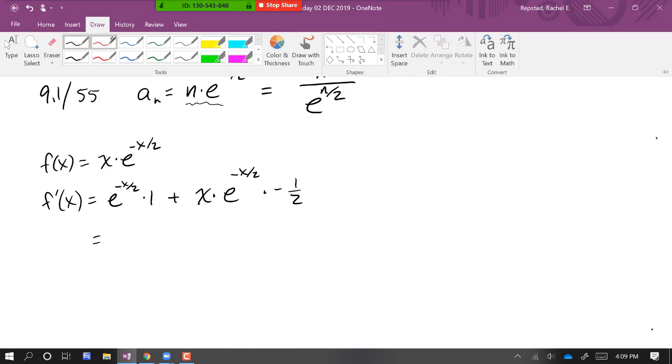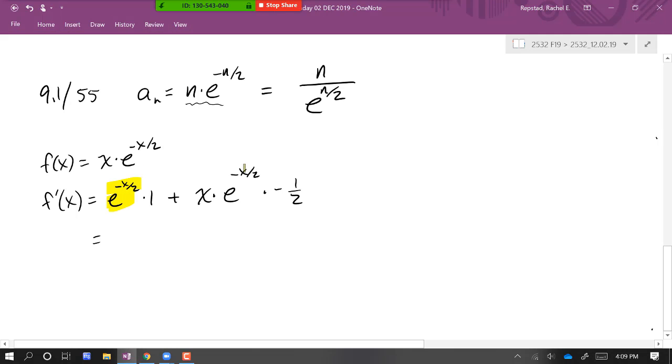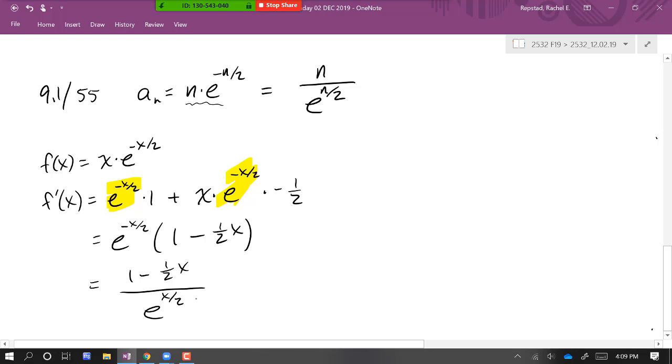I'm going to pull out a common factor of e to the minus x over 2. And then we have 1 minus 1/2 x left. So that is 1 minus 1/2 x over e to the x over 2.